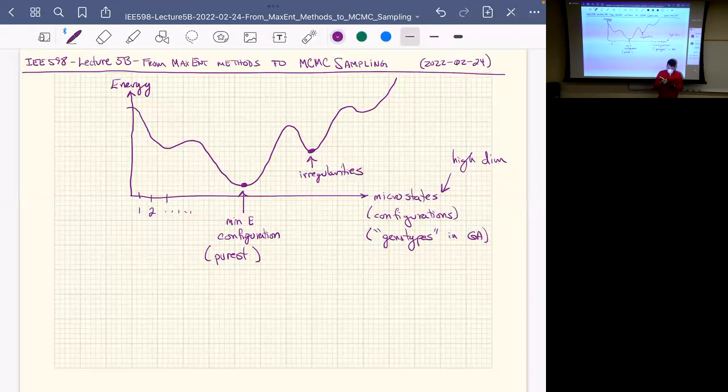For a system to make it from this point to this point, it needs enough kinetic energy to pop out of this potential well.